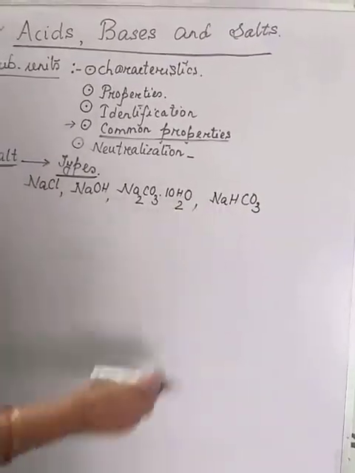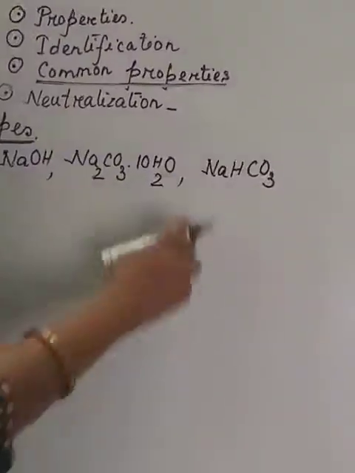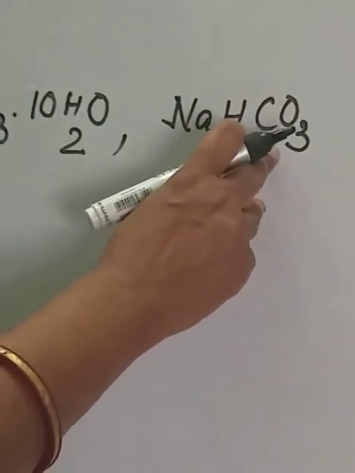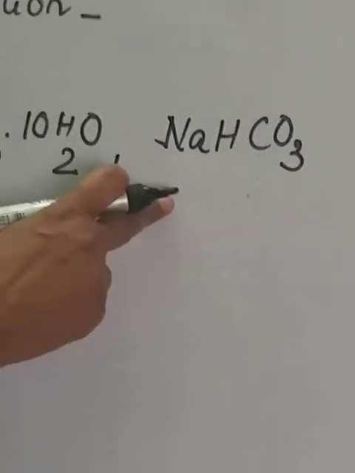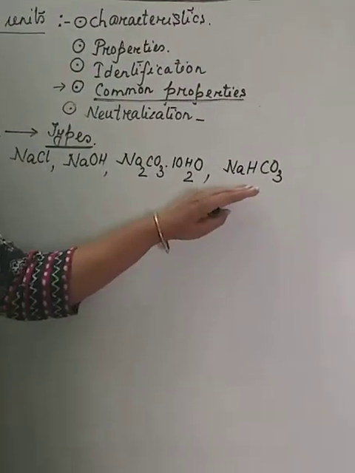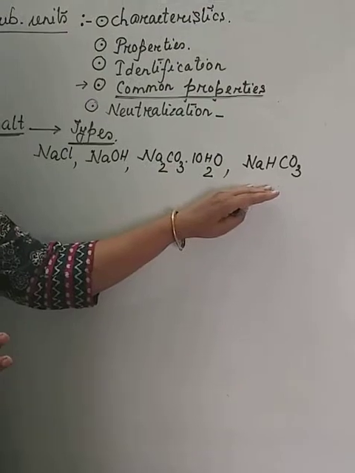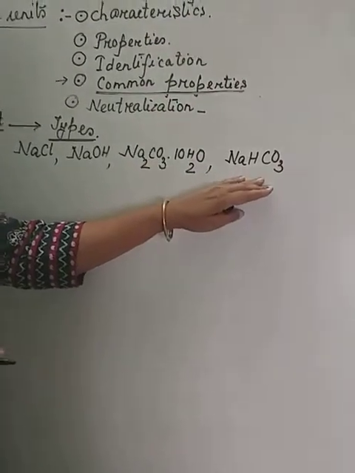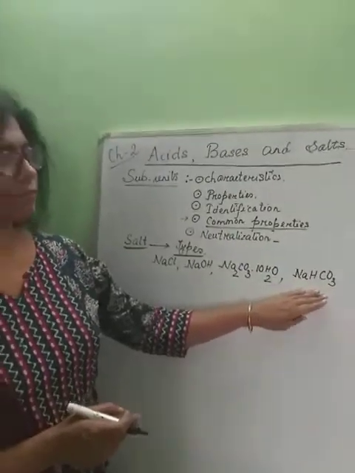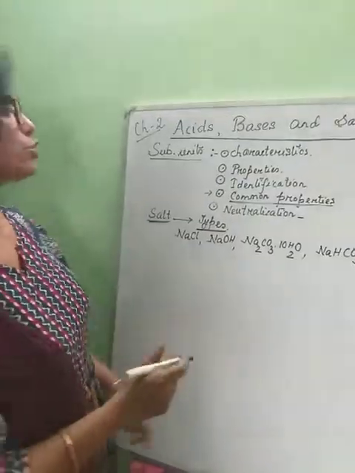Bi stands for hydrogen, but now according to IUPAC convention, this is sodium hydrogen carbonate, also known as baking soda. You might have known that in cake and bake industries we use baking soda as well as baking powder. These two are different. Here this is the baking soda.